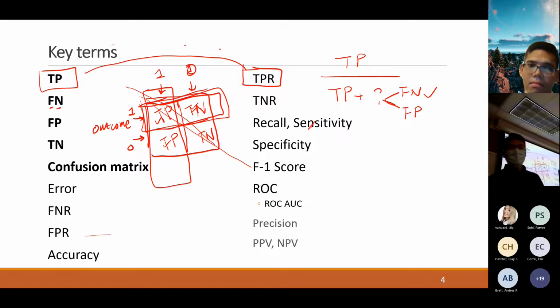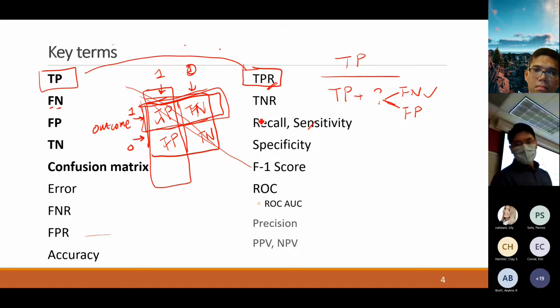If it's all the positive outcomes, it's going to be true positive, of course, but the other part of the positive outcome is actually false negative. That's why it's confusing. So be clear on that. Whenever we say rate, we have 4 different kinds of rates here.